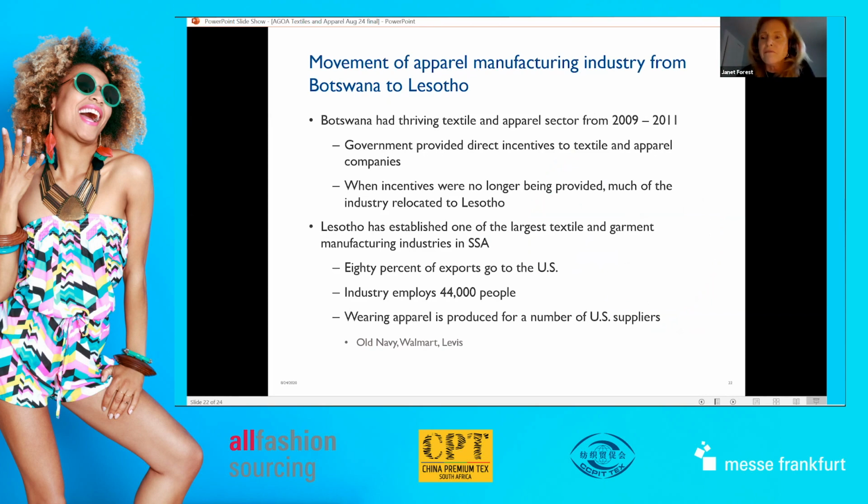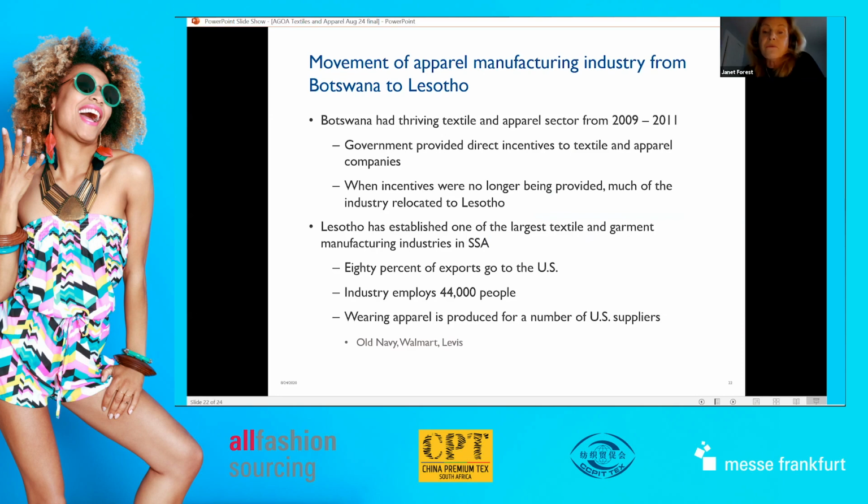A little bit about Botswana and Lesotho. Botswana had a big textile and apparel sector earlier, and this is during the time period when the government provided direct incentives to textile and apparel companies. But once those incentives went away, a lot of the industry relocated to Lesotho.